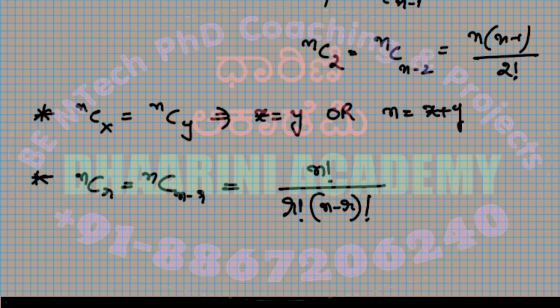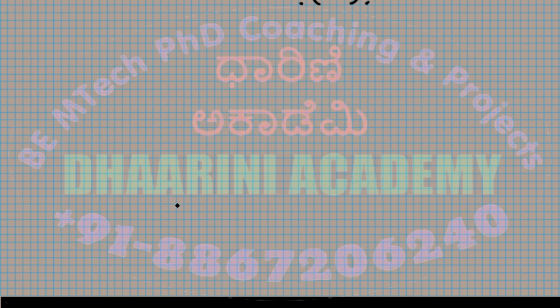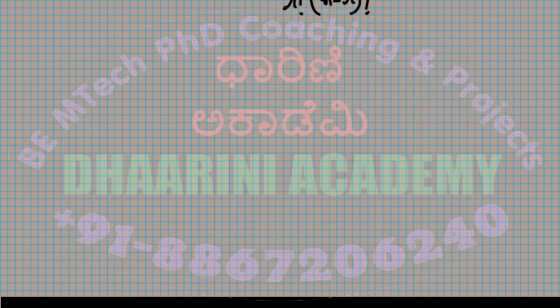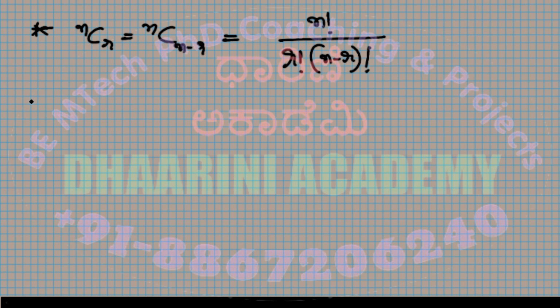Also, we use another very important property from permutations and combinations. That property is this: nCr plus nC(r−1). We already have used this.